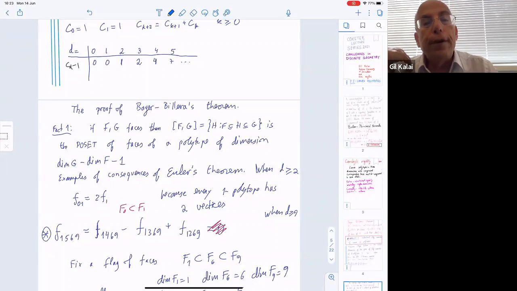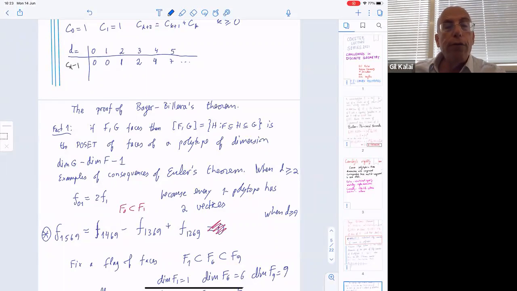And the interval of faces between F and G is itself the lattice of faces of a polytope of dimension, which is the dimension of G minus the dimension of F minus 1. So now we can apply the Euler relation for various intervals of this type.